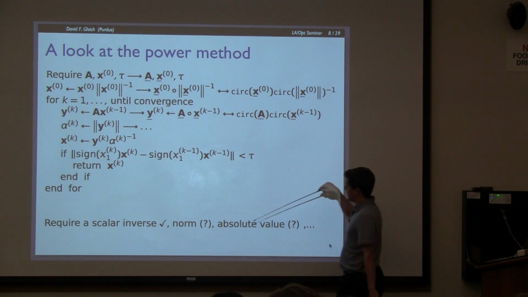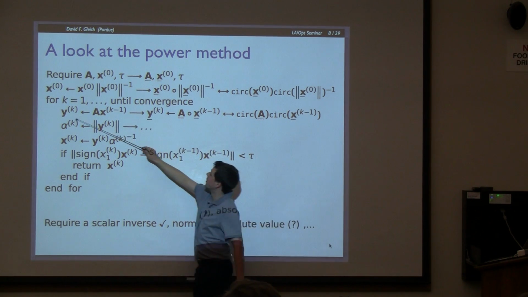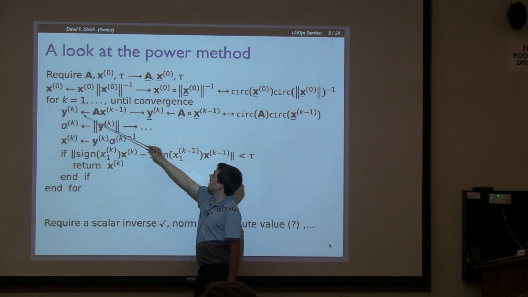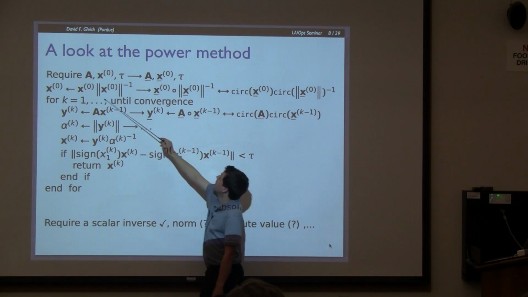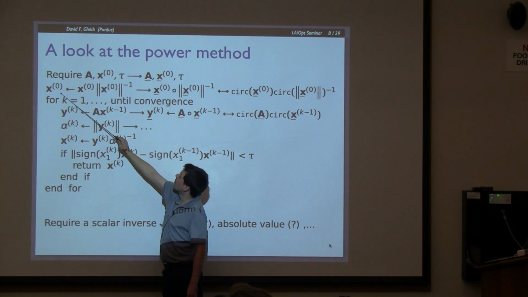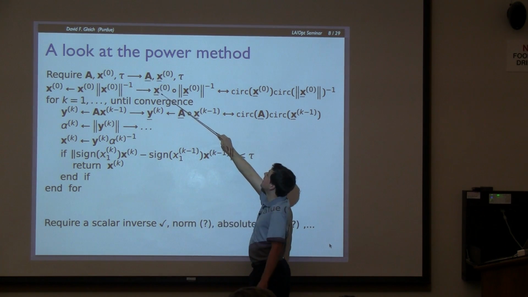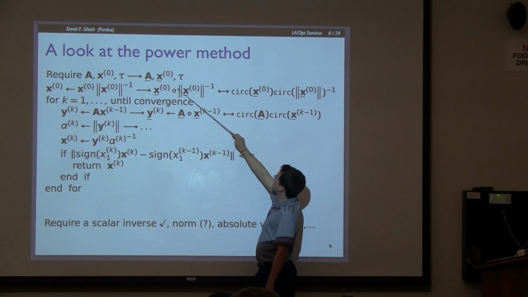But we still have to do these norms and absolute value things. But otherwise, what we can do is we can take y is equal to, so here, what I'm doing is instead of doing this operation here in the regular power method, we're going to translate it into taking a vector and doing a circulant multiplication of the norm.